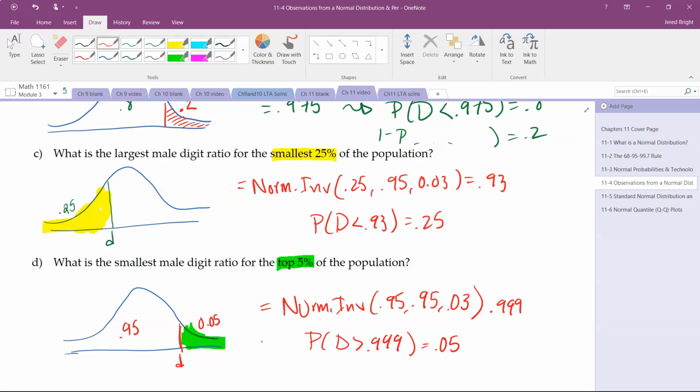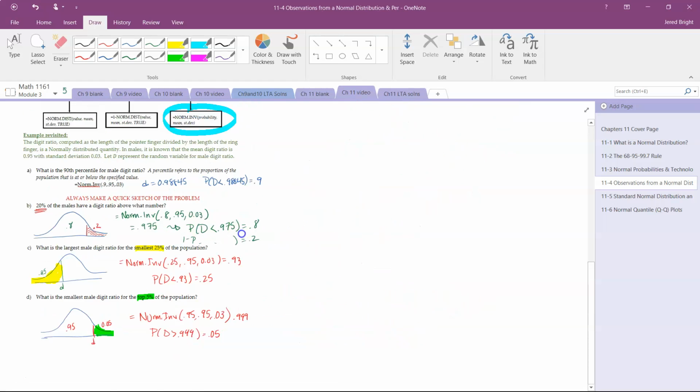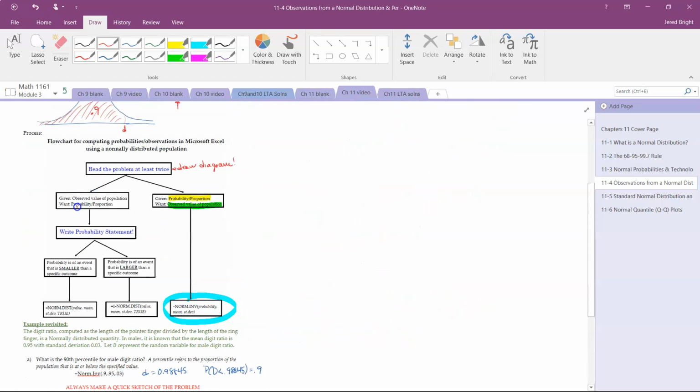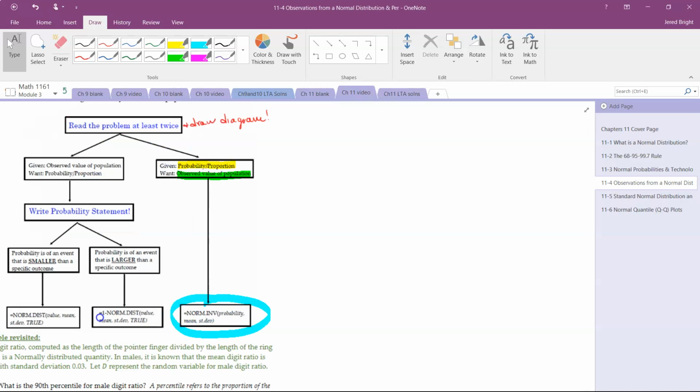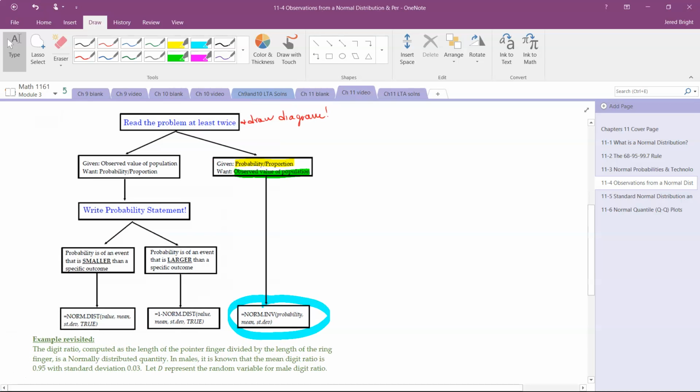But the big idea here is translate the prompt into a diagram, get a solid diagram, and then with that, that should help you determine what you're given and what you need, and how to work your way through this flowchart for finding probabilities and observed values with the normal distribution using Excel.